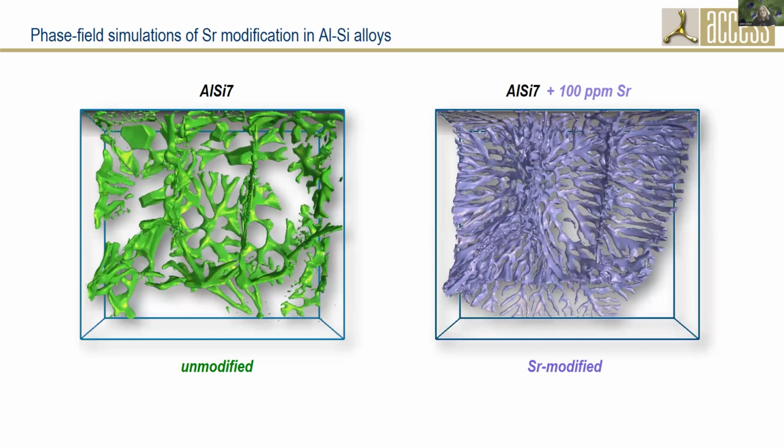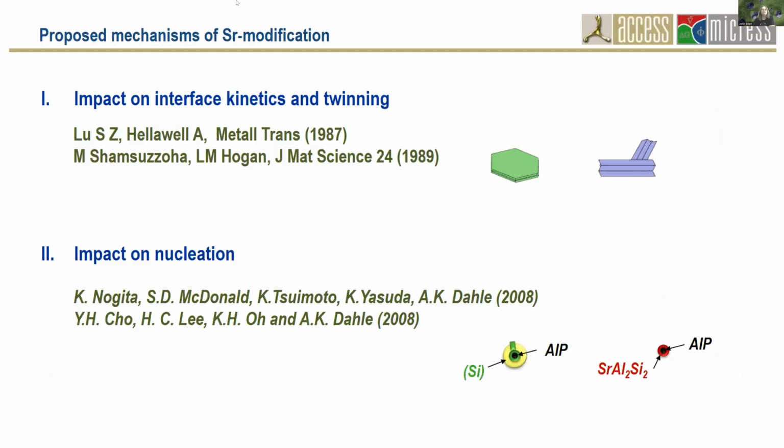So how to simulate this and why simulate this? The idea was to understand better the mechanisms of why it is different. What could be the mechanism of strontium to change the growth mode? We wanted to test two different proposed mechanisms, which are under debate.